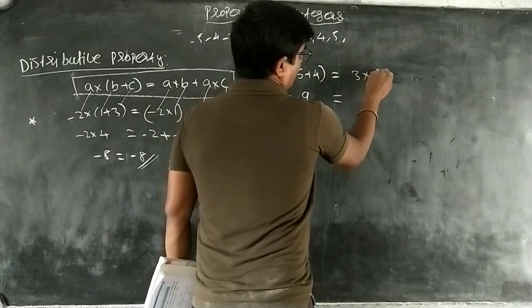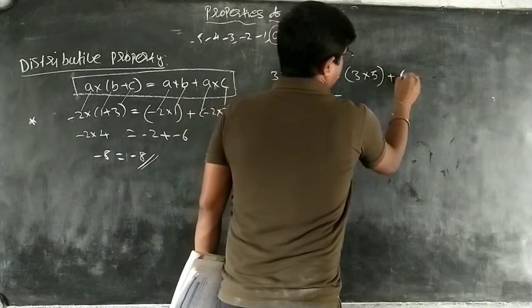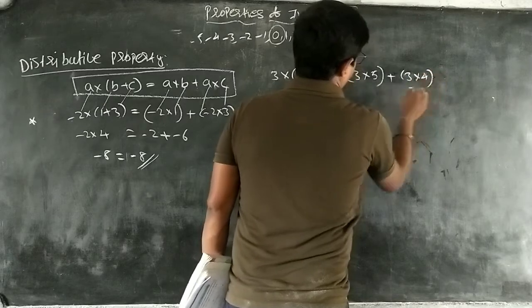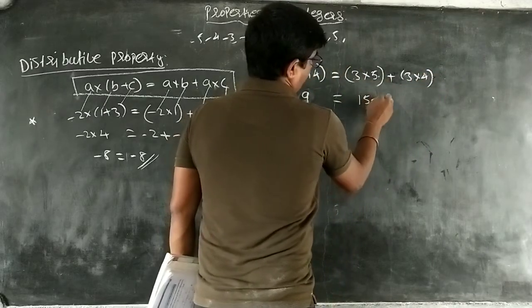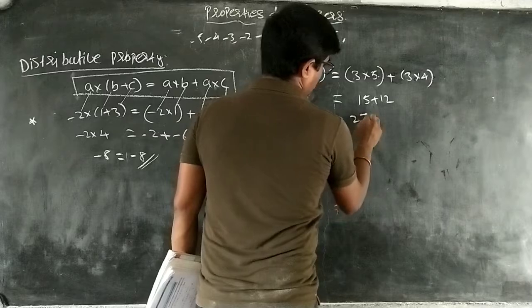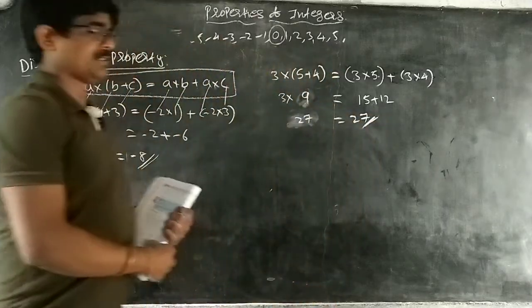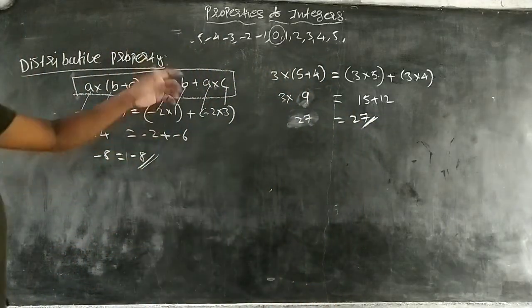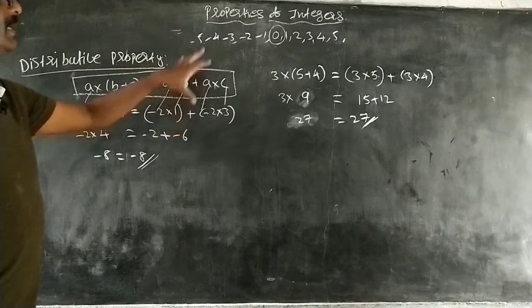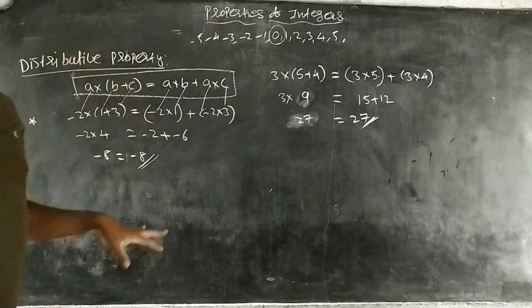Similarly, 3 into 5 plus 3 into 4, 15 plus 12, that is equal to 27. This is the distributive property of integers.